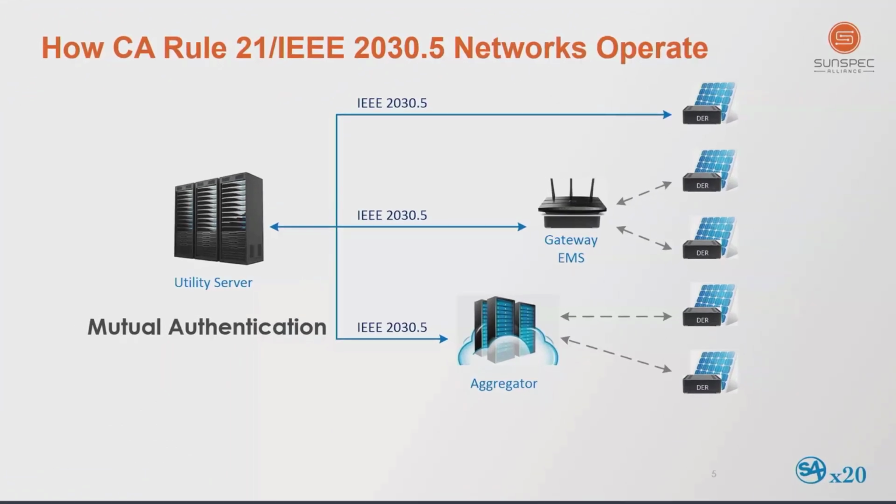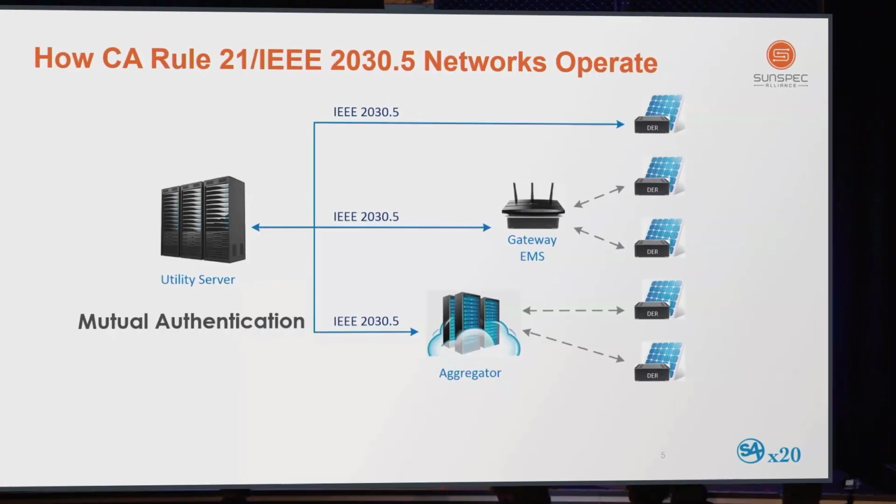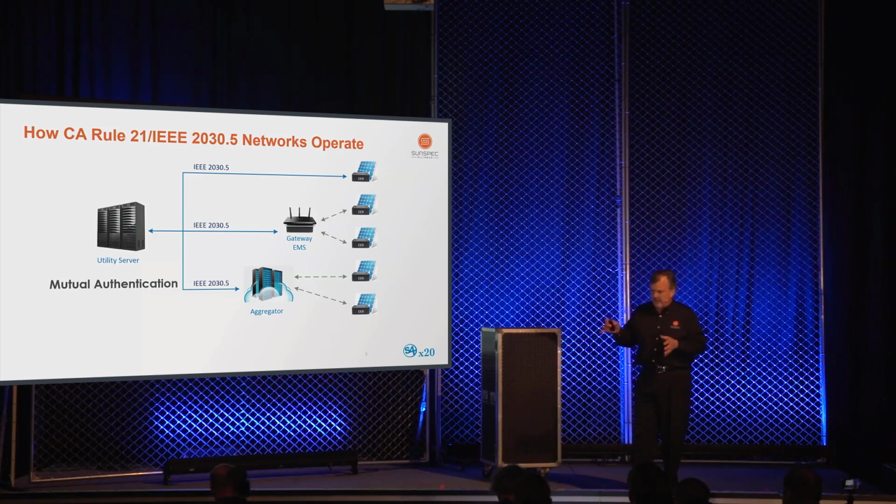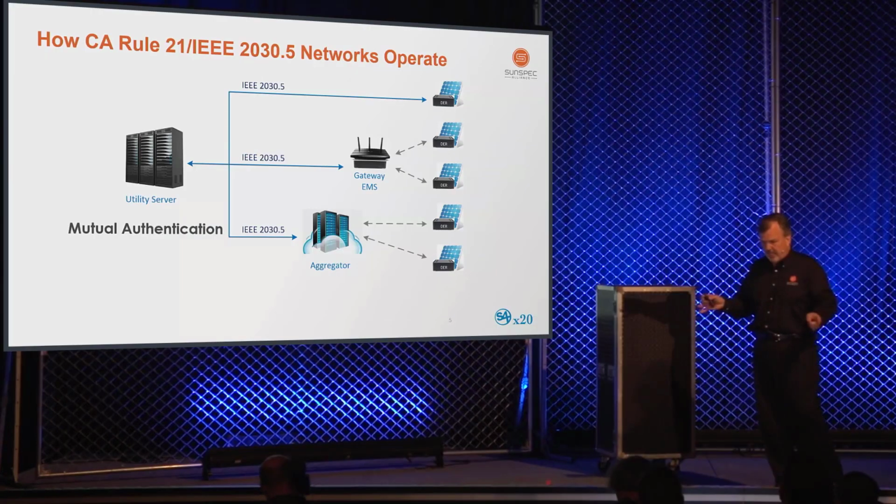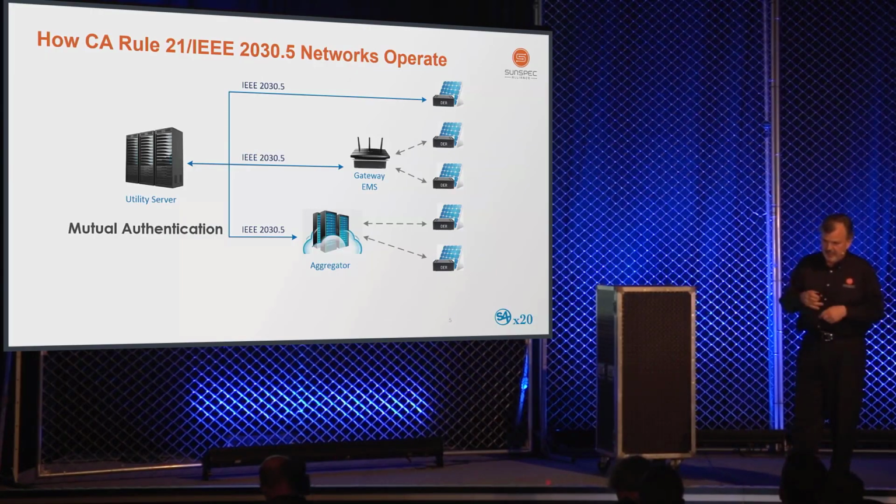The 2030.5 system operates on this concept of mutual authentication. The entire network is supported with TLS 1.2, and there are digital certificates installed on the intermediate systems, utility servers, and the end devices. They trade their credentials, and so one can authenticate to another.